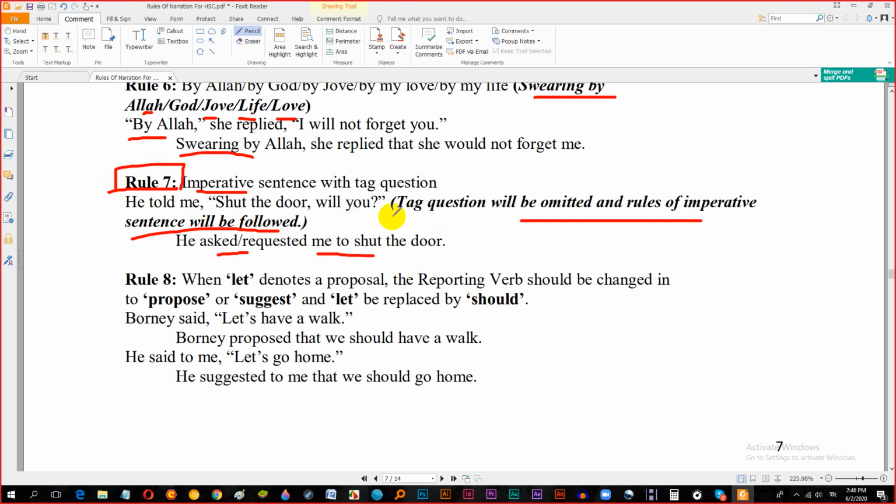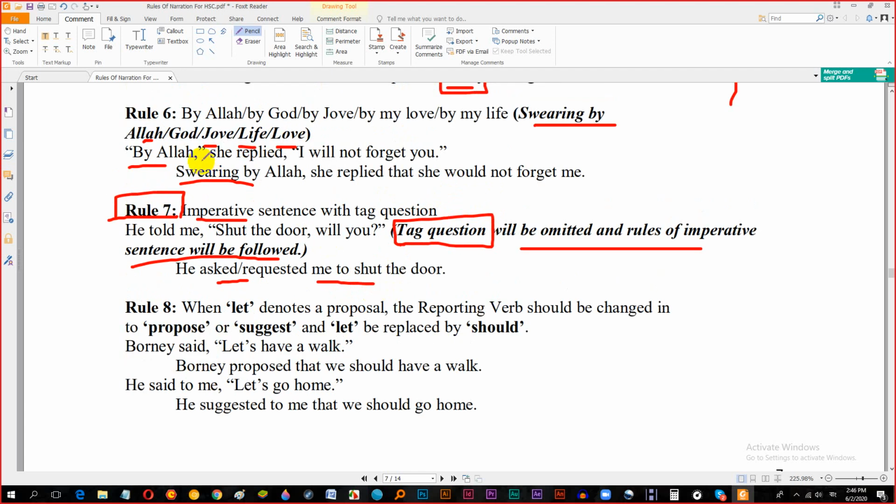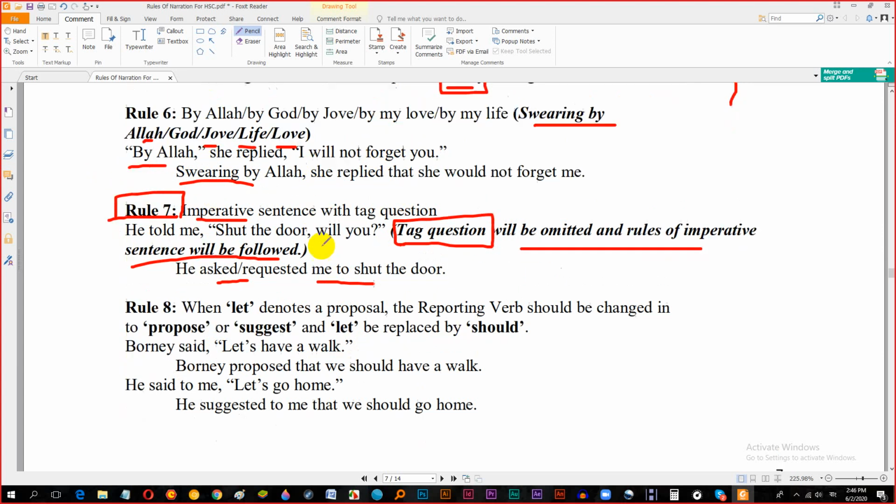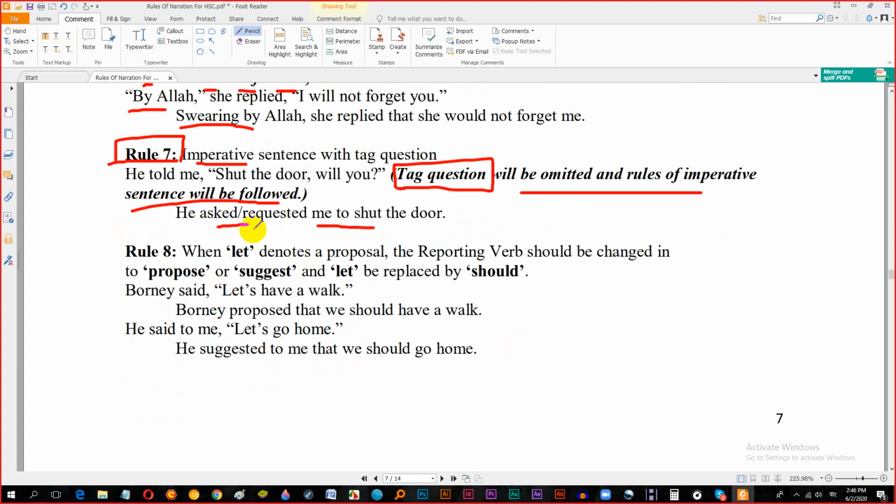And in assertive, there was a rule like this. I think you can remember now. Or perhaps not. Okay, let it go. Perhaps we have done it before.